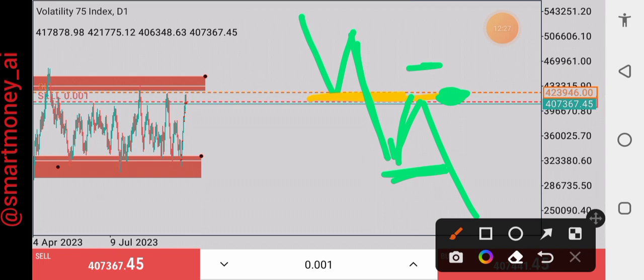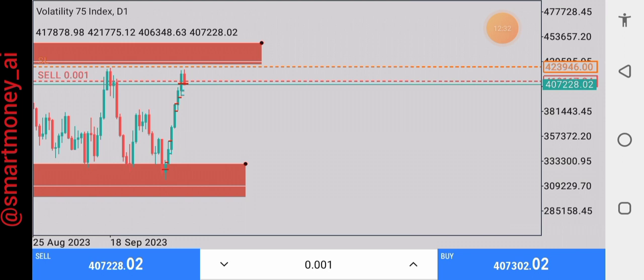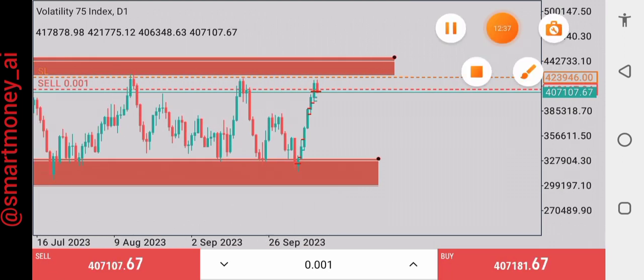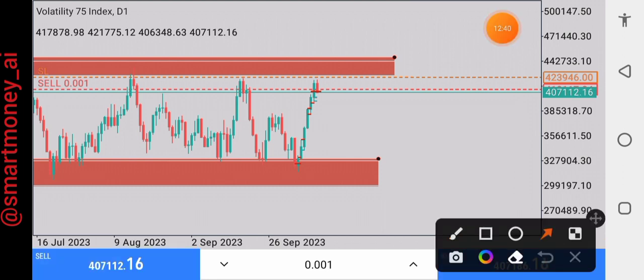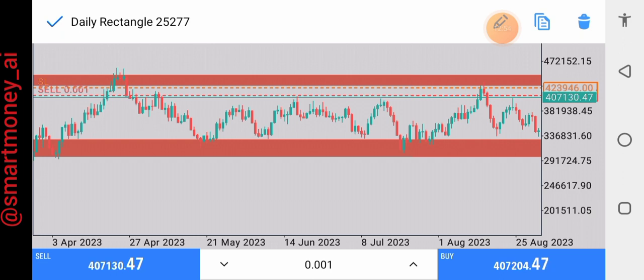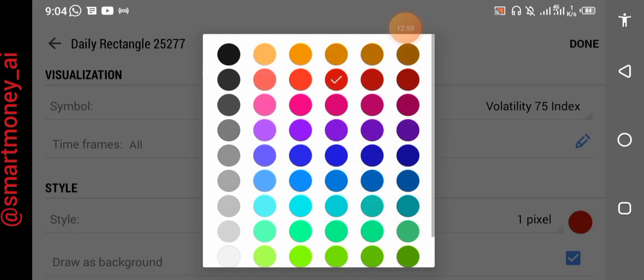So let's go to the charts, and then I'll demonstrate this to you. Look at something here. I've marked a support, and I saw that price came to this very support. Let me change the color of this support to green. It's not compulsory for you to do that, but psychologically that's what fits well for me.